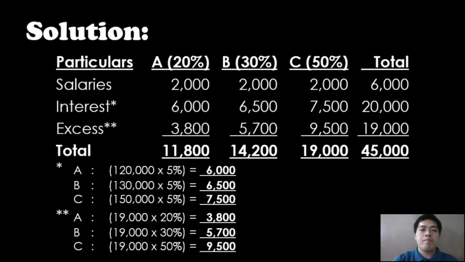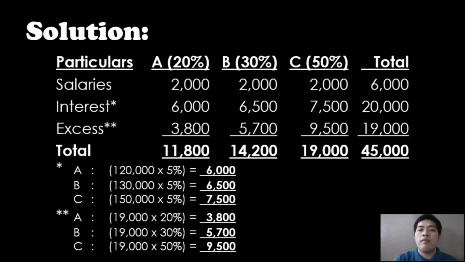Yan. So, ganito yung magiging distribution niyan. Okay? Yung interest based doon sa kanilang capital balances times 5% respectively sa kanilang balances, we have 6,000 for A, 6,500 kay B, then 17,500 kay C. Then yung kanilang excess naman, okay, i-total muna yung salaries at saka yung interest, then ibawas sa total profit na 45,000.